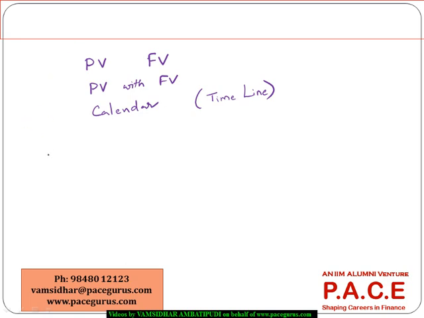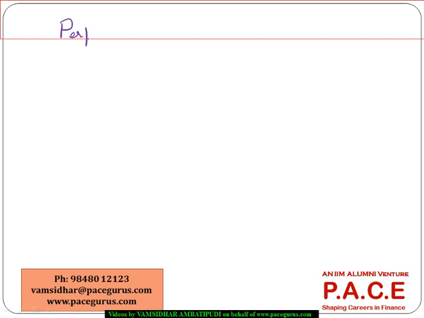Then the next important thing which I can look at is perpetuity. We have discussed the definition earlier. Any perpetual annuity is what we call a perpetuity. The payments happen for an indefinite or infinite period of time.